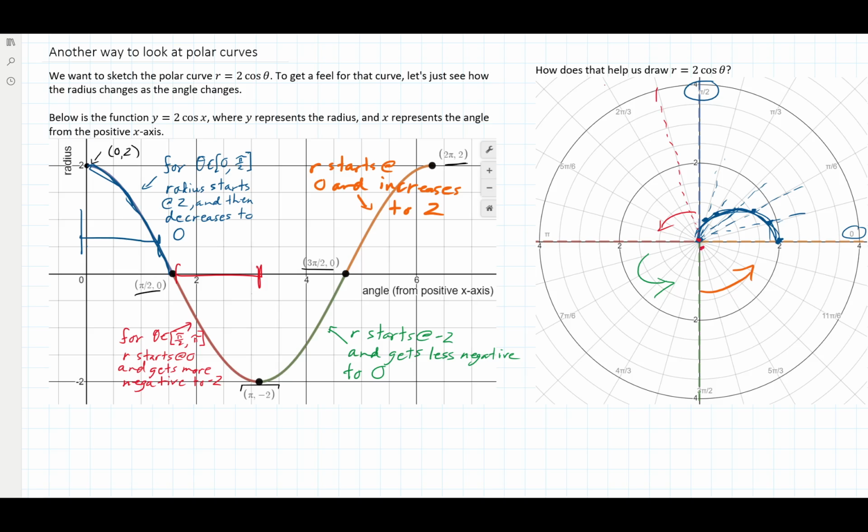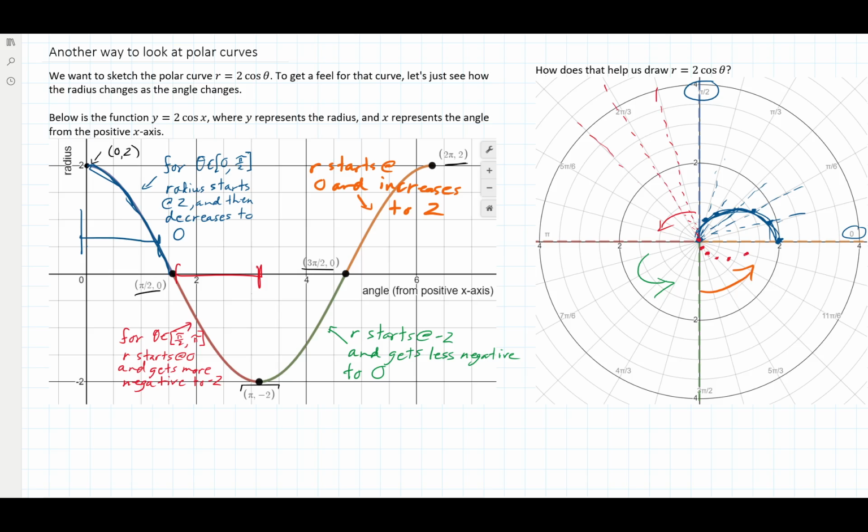Now, as I increase the angle, as I keep spinning around our theta, then we're getting more negative. So this angle is actually going to be a little bit more negative, a little bit farther out, like so. And if we were to keep going like this, then eventually I'm going to get more and more negative, like so, and like so.